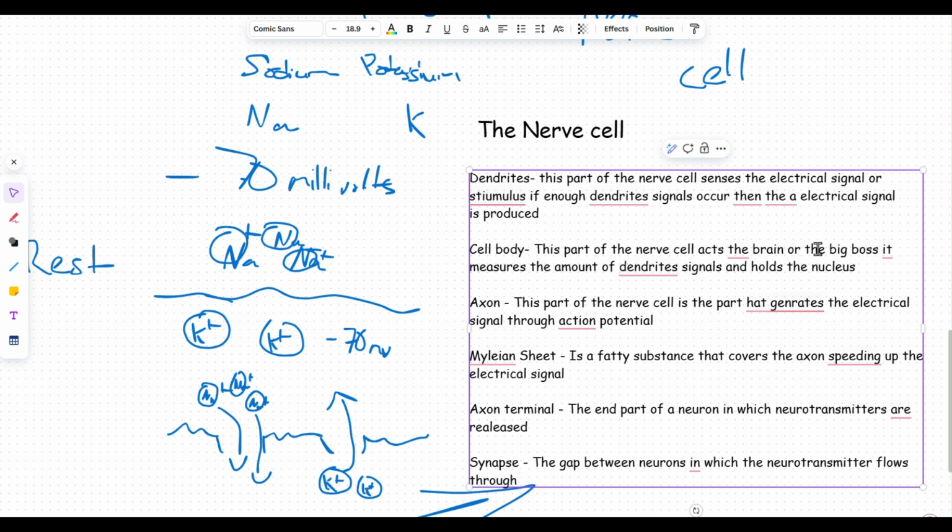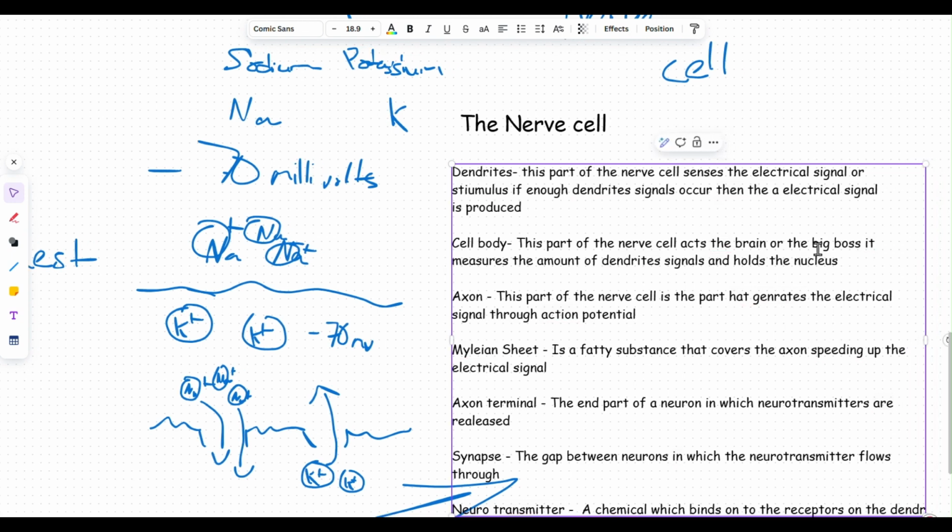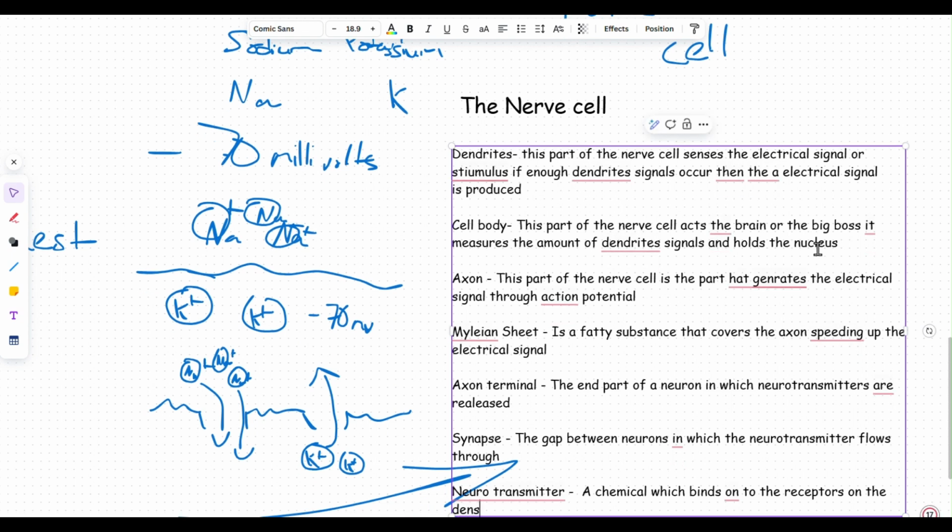And neurotransmitter: a chemical which binds onto the receptors on the dendrites of the next neuron, helping restart the cycle again.